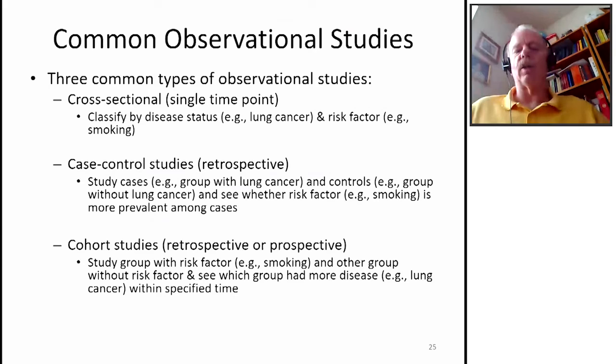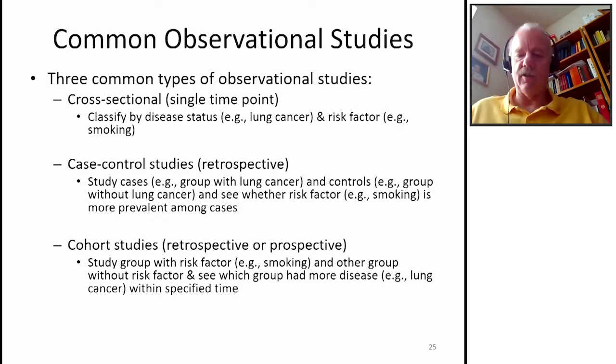Then there's also a case control study, which is a retrospective study where you take people who have the disease of interest, in this case, lung cancer, and then you study a group of controls. So this is a group who do not have lung cancer, and you see whether smoking is more likely among the cases, among the people with lung cancer.